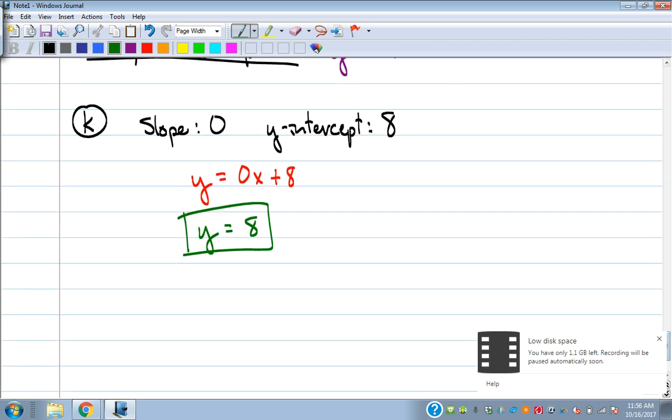One more that's maybe a little bit different than that even, and then we're done. Let's say we had a slope of -7/8 and a y-intercept of 0, writing in slope-intercept form.